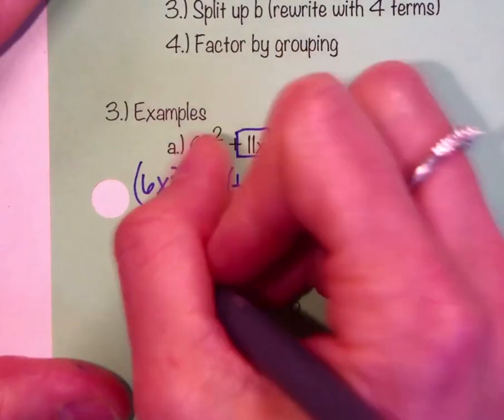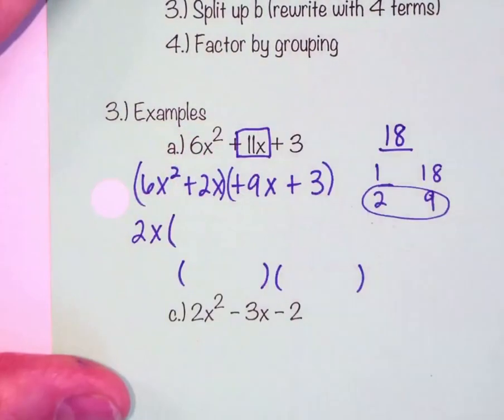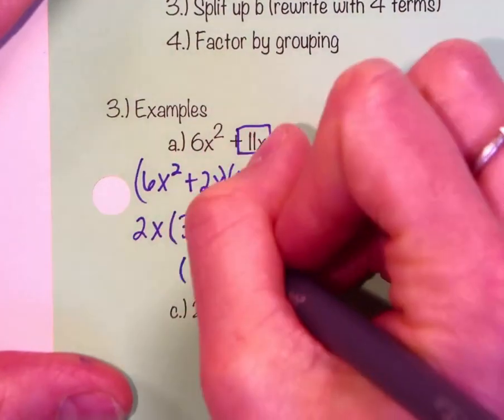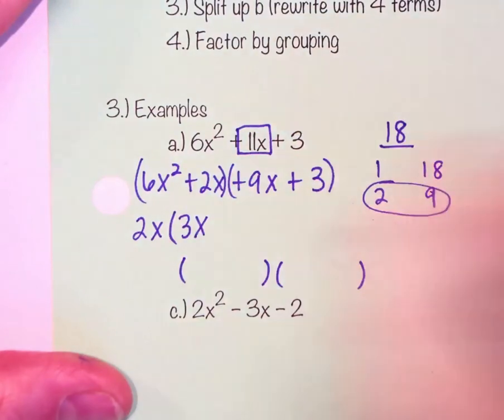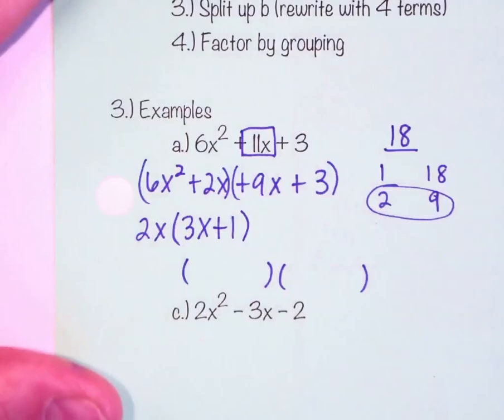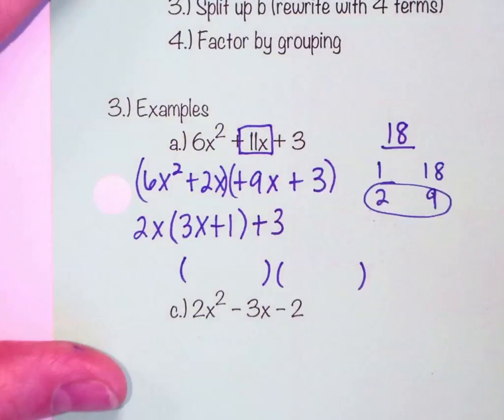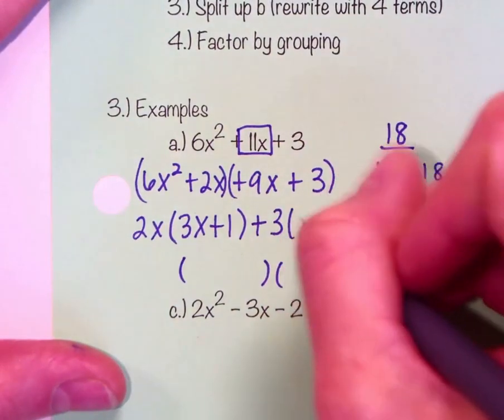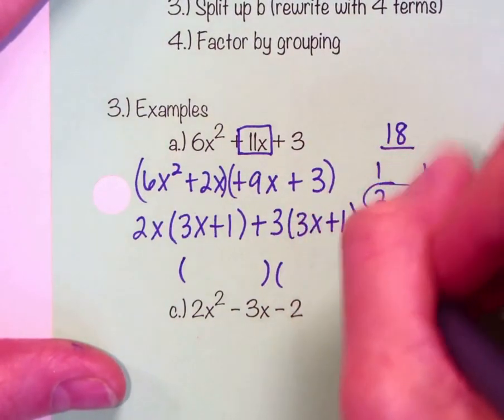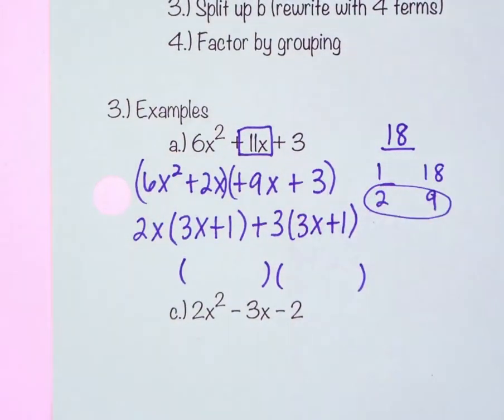I can take a 2 and an x out of this first group, and I'd be left with 3x plus 1. Then from this group, I can take out a +3, and I'd be left with 3x plus 1.